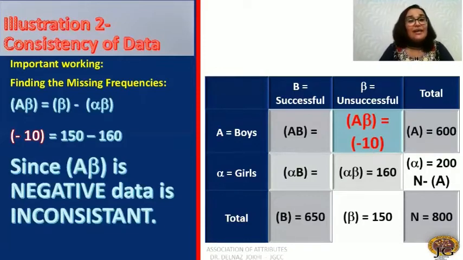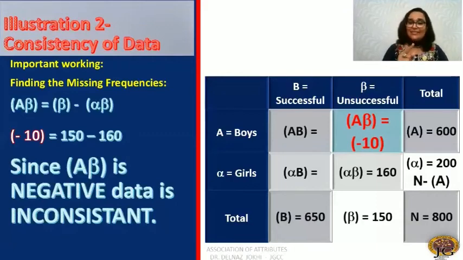Data is inconsistent. So the first example, my dear students, which I took, everything was coming out positive, remember? So I told you it was consistent. But in this second illustration that I took for you to explain the theory and sums, what happened? One frequency came out negative. How much? Minus 10. So if even one frequency, any single frequency, comes out negative, that means data is not proper. That means data is inconsistent. But if all the frequencies are positive, that means data is consistent.